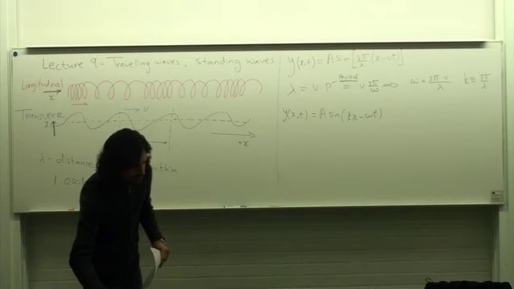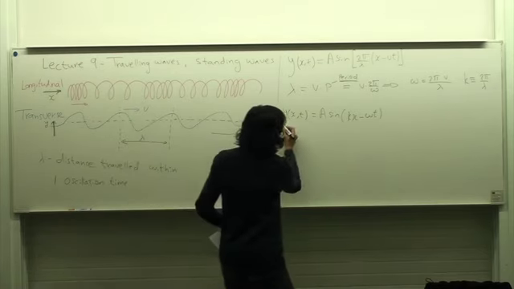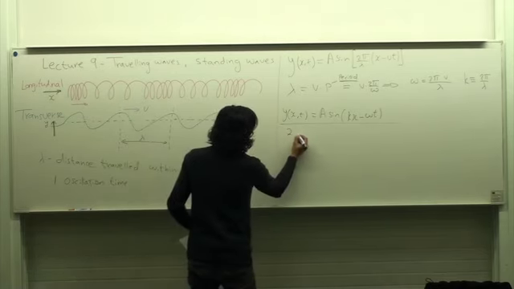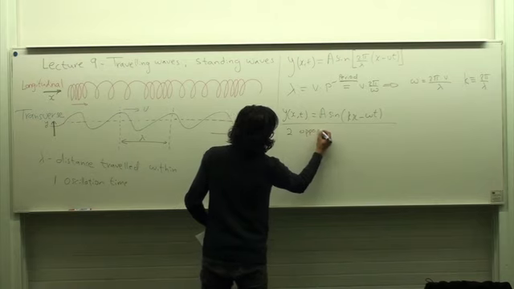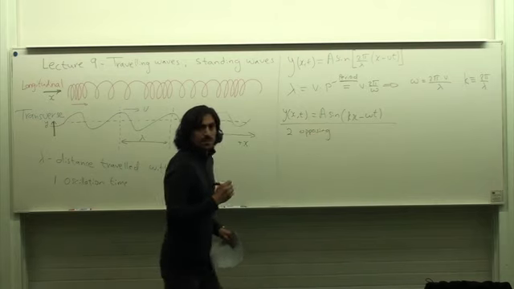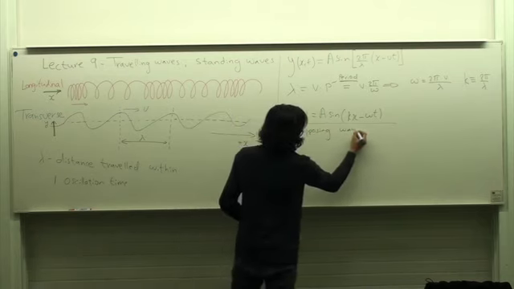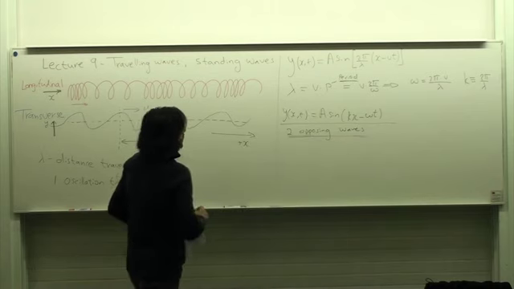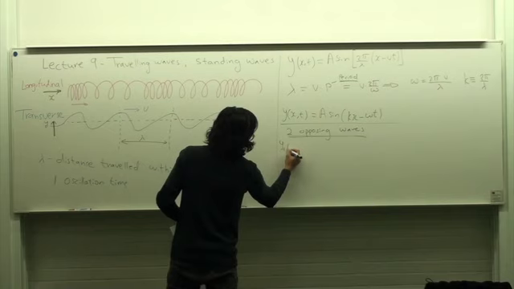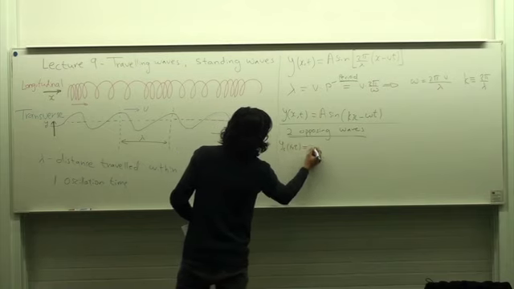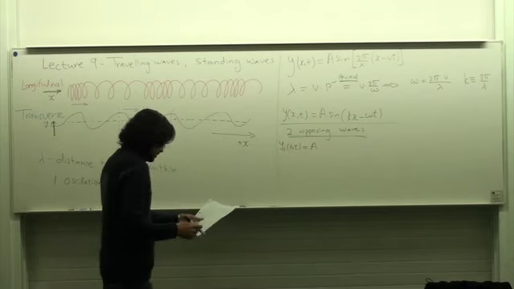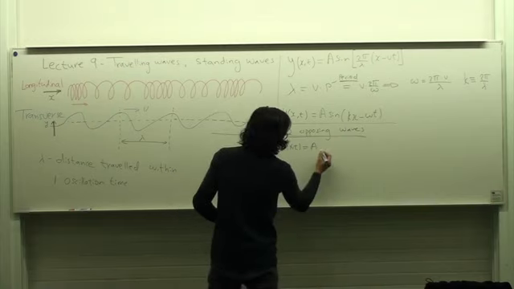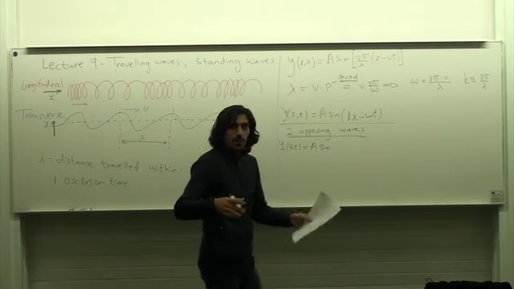Alright, so now let's generate two opposing waves. So we have y1 of x,t equals, and let's assume they both have the same amplitude, and it's the same type of wave.